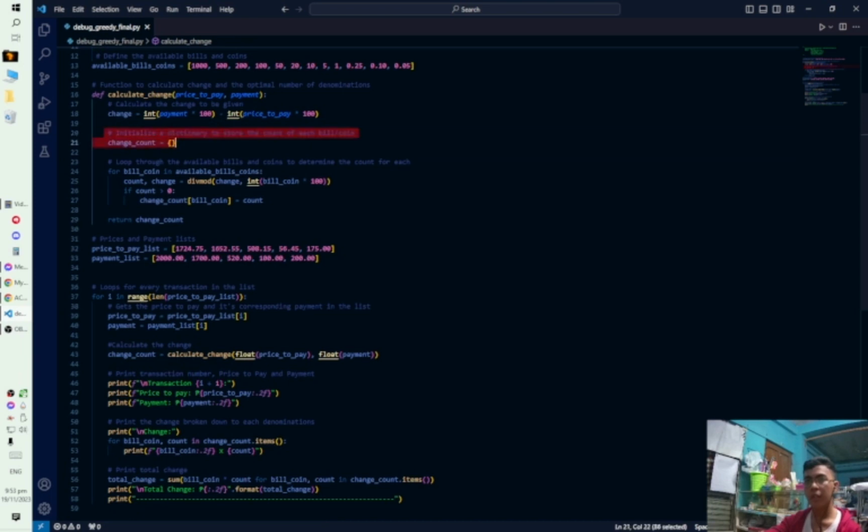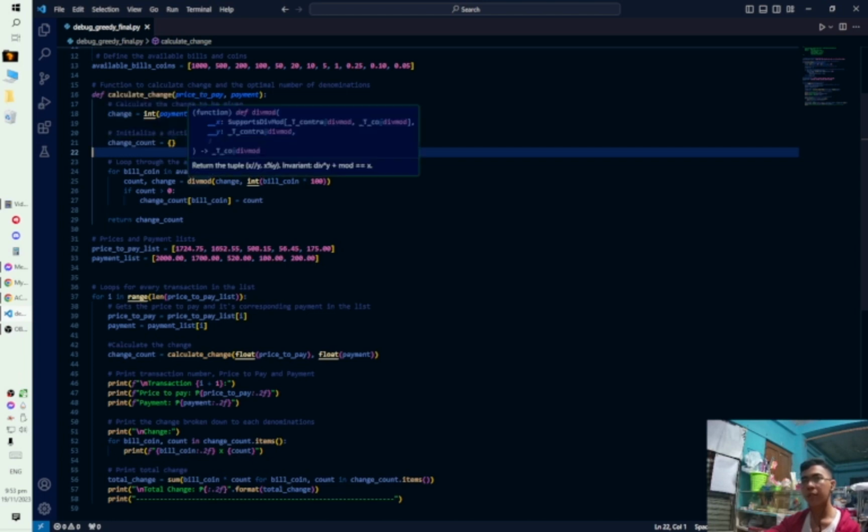And then we'll create a dictionary for each of those changes. The dictionary has the keys of change, and the values of it are the list of denominations for the change.